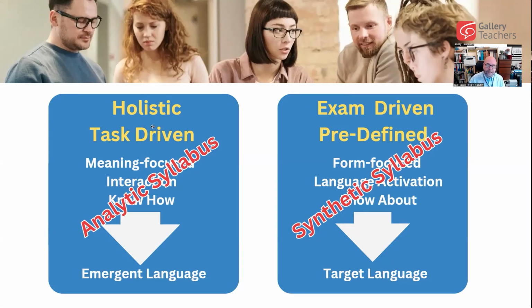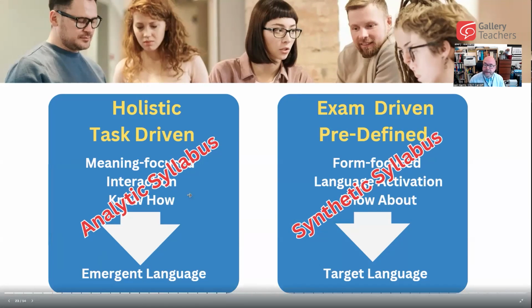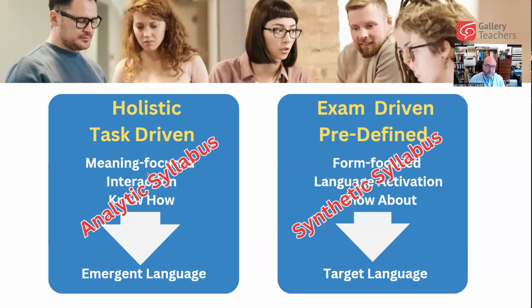Well, I'm going to suggest that a holistic task-driven syllabus with a focus on emergent language and on learners being able to achieve a communicative task really relates to the analytic syllabus, whereas the synthetic syllabus is much more about the coming together of the pieces of language, the Lego bricks, fitting them together so that hopefully you have a strong building or a strong model.